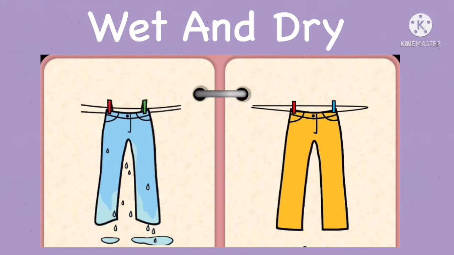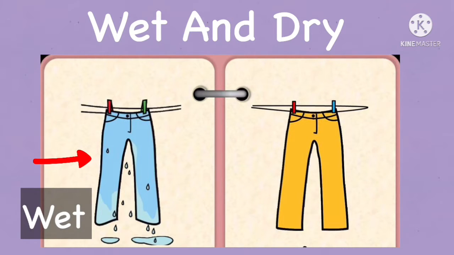Now next one. Look at this picture. As you can see, the pants are hanging on a clothesline. I think the blue pants is wet. Do you know why? Because there is some water dripping down from the blue pants.